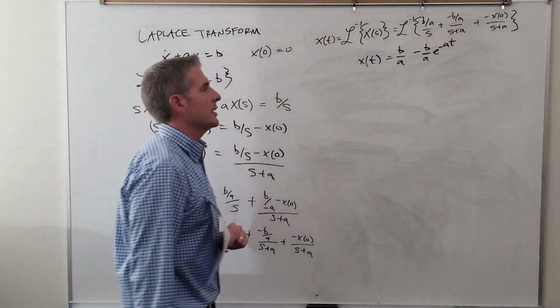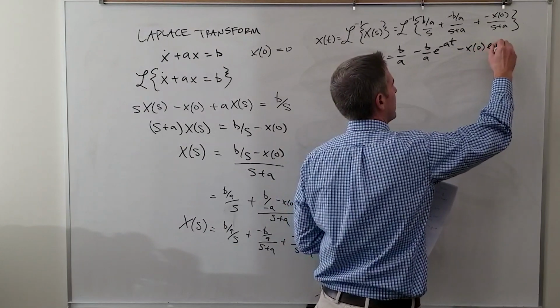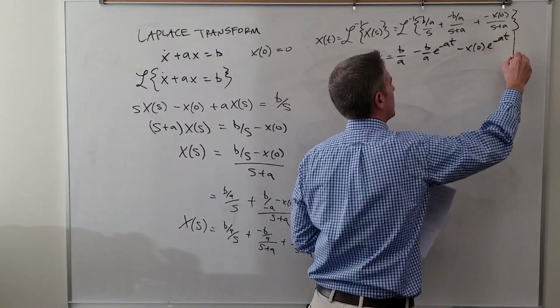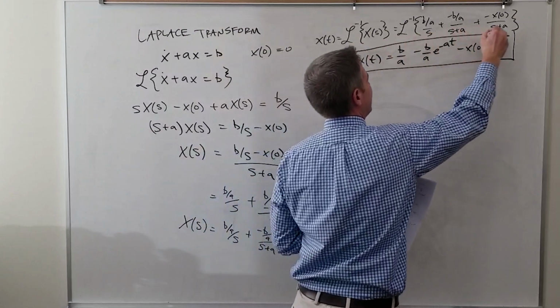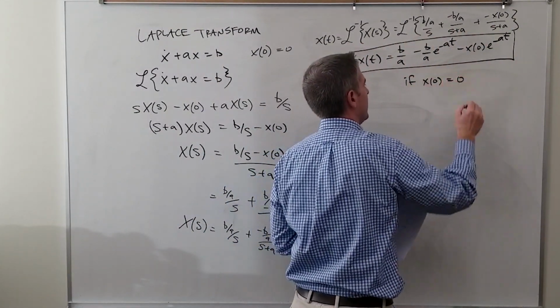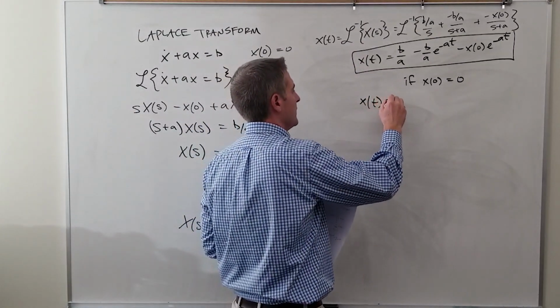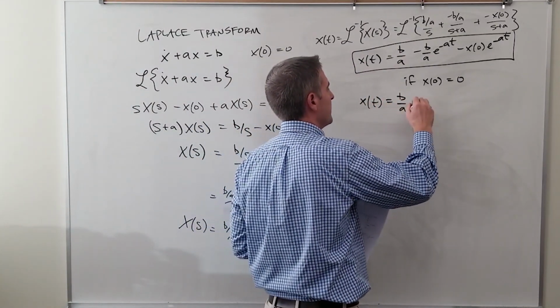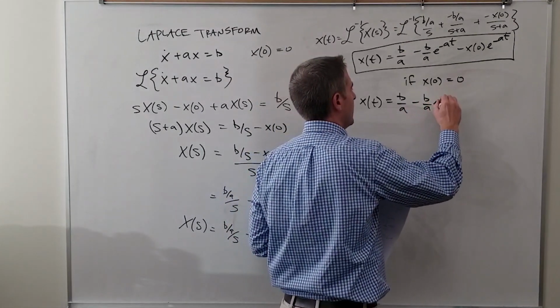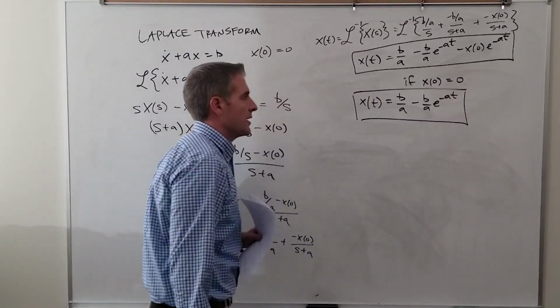And similarly, this one right here will be x0 times e to the minus at. If we set x0 to be 0, we're left with the result that we've seen in the other two methods.